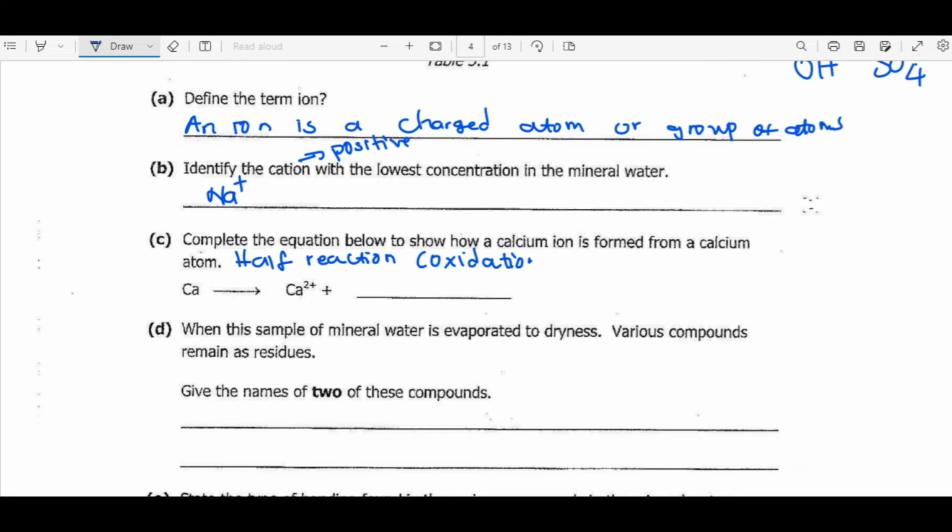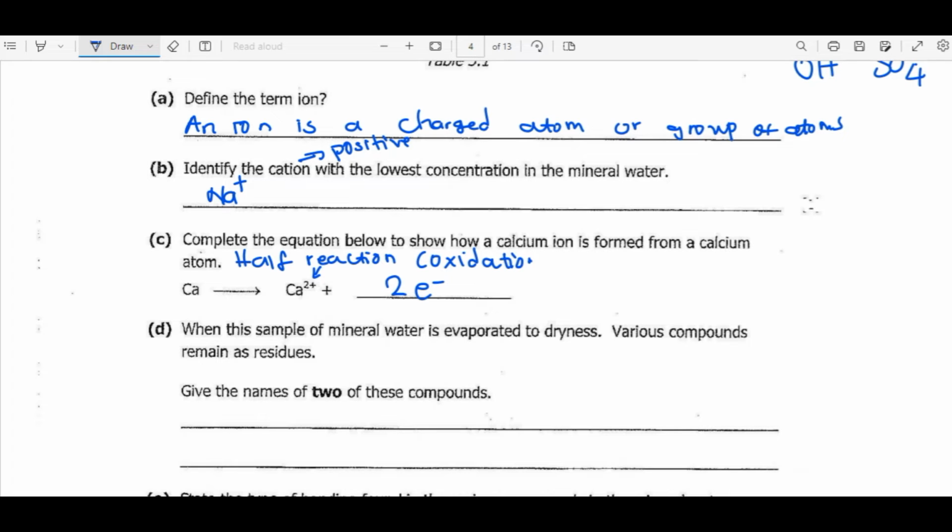Because whenever we see a +2, it is giving us a picture that the 2 electrons were given out. So oxidation, electrons are given out, then reduction, electrons are taken in. Now how do you complete an incomplete equation like this one? You just have to look at the number of electrons that were given out. So from the positive sign, we have 2. So you just have to put 2 minus.